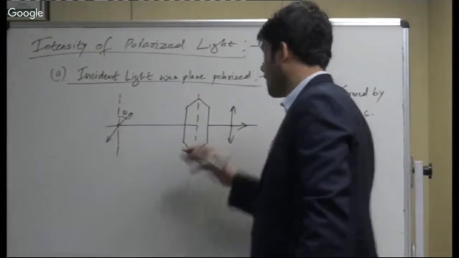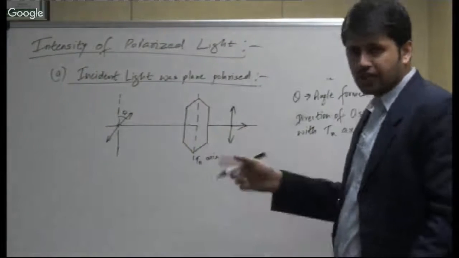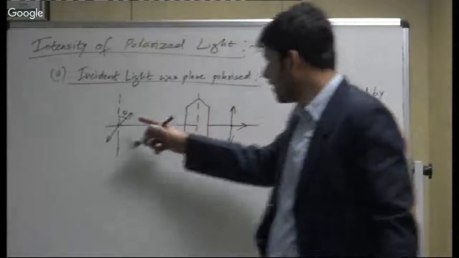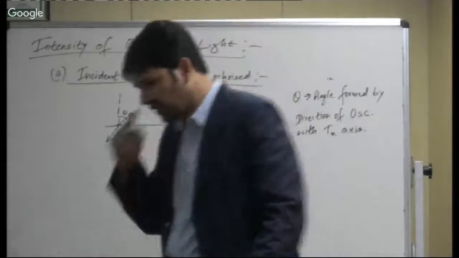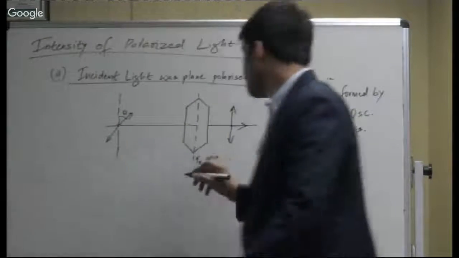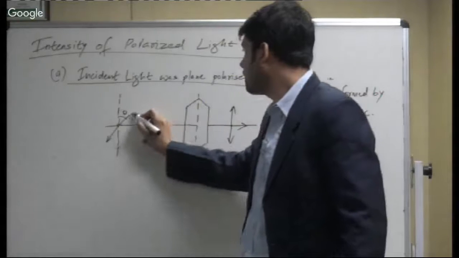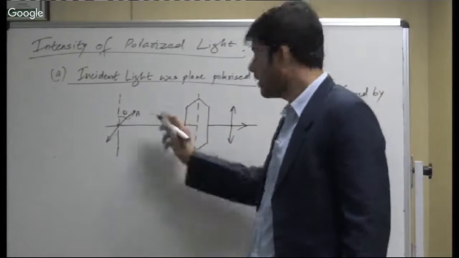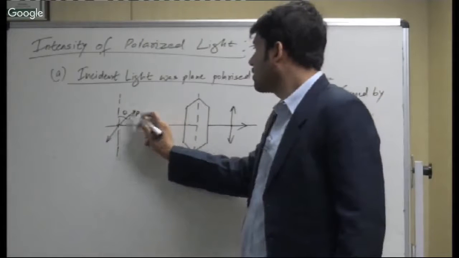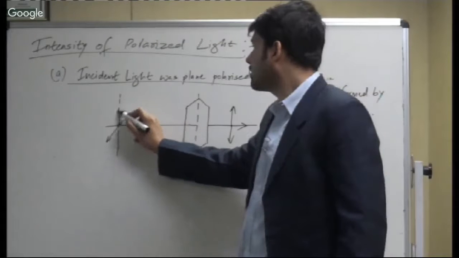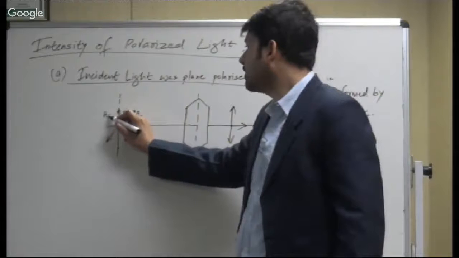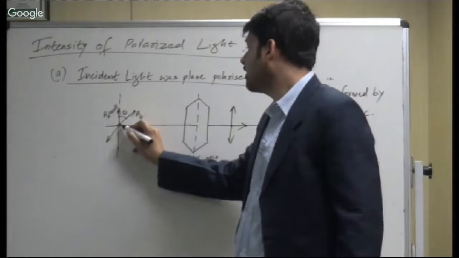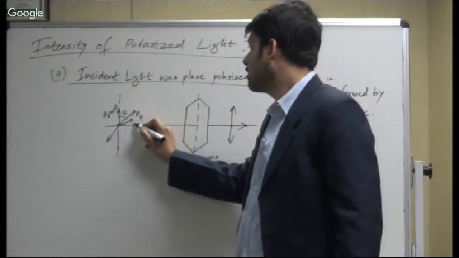Like this. The incident light has oscillations at an angle of theta with the transmission axis. Let's call the amplitude A naught. So let's break it into two components. It would be A naught cos theta and the other one would be A naught sin theta.